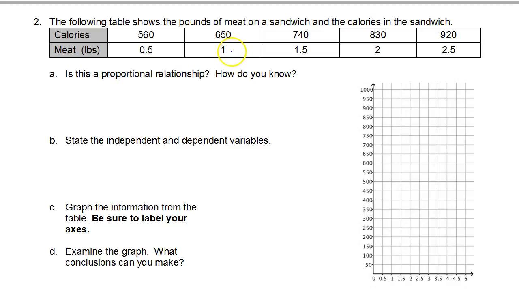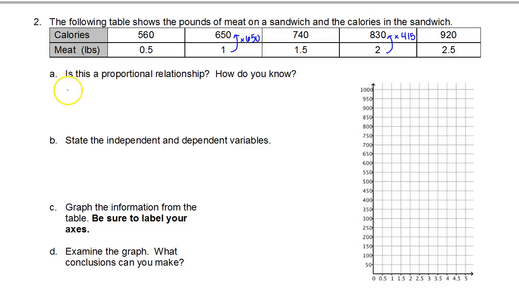So I'm going to jump to the second column. If I were to multiply 1 pound by 650, I would get the number of calories in that sandwich. Then if I skip over to the fourth column, half of 830 is 415. So 2 pounds times 415 would give us 830 calories. That's enough for me to conclude that this relationship is not proportional, because I just looked at 2 columns and I'm not seeing a common factor to get from pounds of meat to calories.